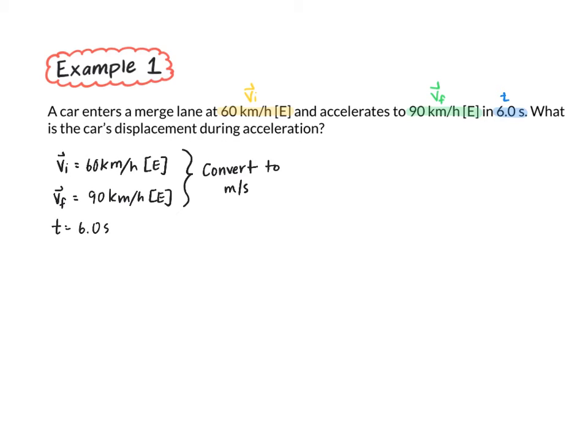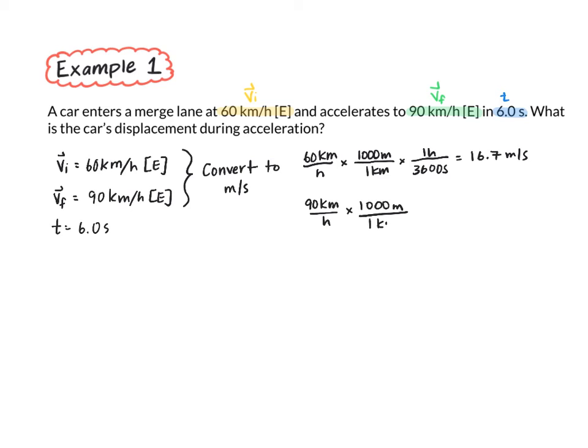So 60 kilometers per hour, we're going to multiply that by 1,000 meters per 1 kilometer, and then divide by 3,600 seconds in 1 hour, and we get 16.7, so 16.6 repeating meters per second. We're going to do the same thing for 90, so multiply by 1,000 meters per 1 kilometer, and then divide by 3,600 seconds per 1 hour, and we get 25 meters per second.